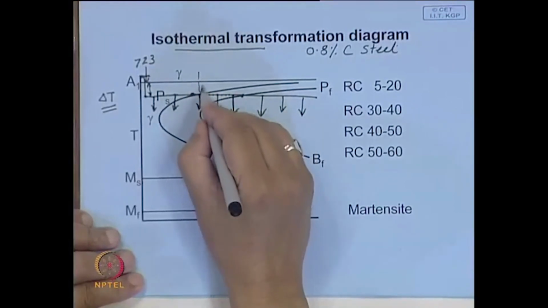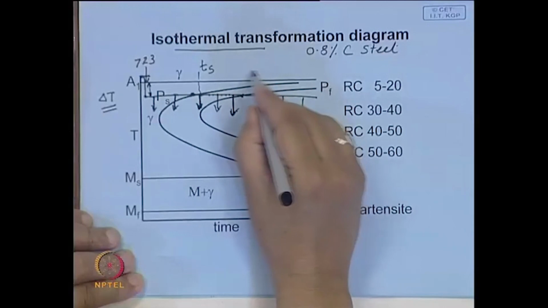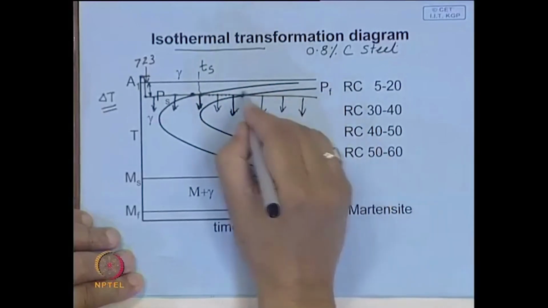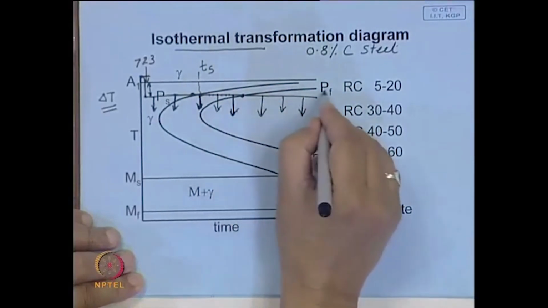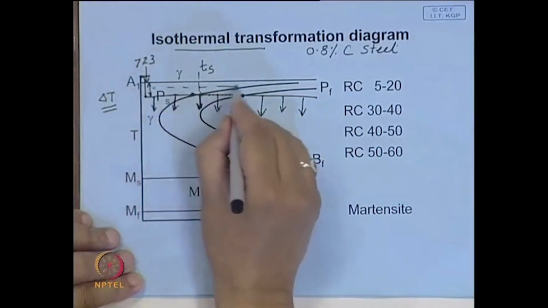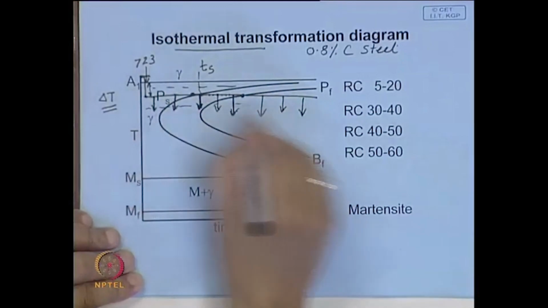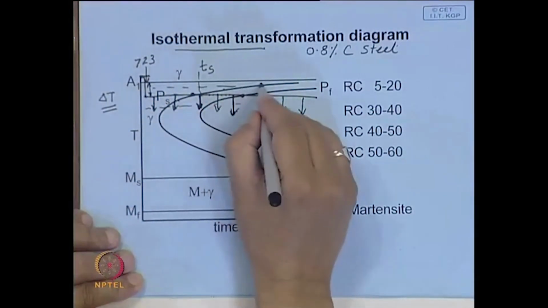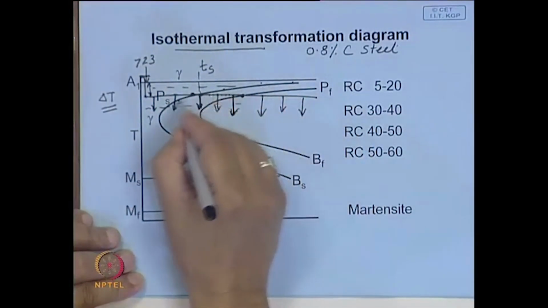So, this is the start of transformation, this line represents the end or completion of transformation, and if you repeat the experiment at different temperatures and join these points you get a curve like this.